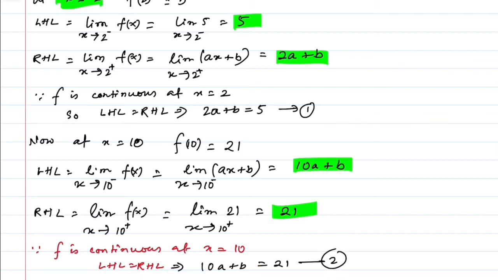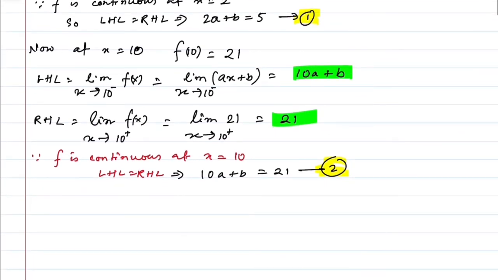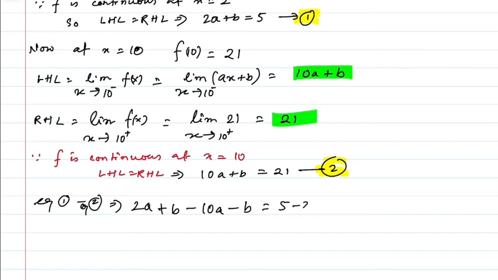Now, let us solve these two equations, equation number 1 and equation number 2. It is very simple, you know how to solve linear equations. Just solve it, equation number 1 minus equation number 2, then you will get 2a plus b minus 10a minus b is equal to 5 minus 21.